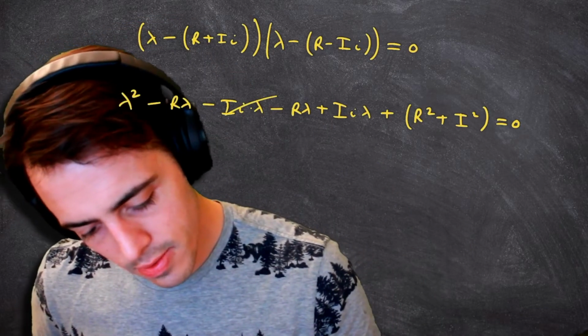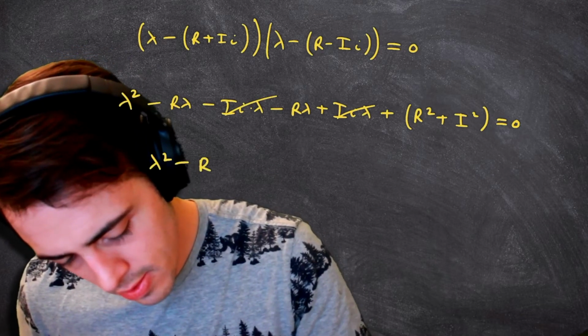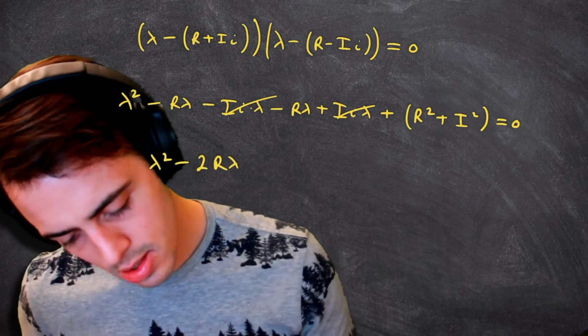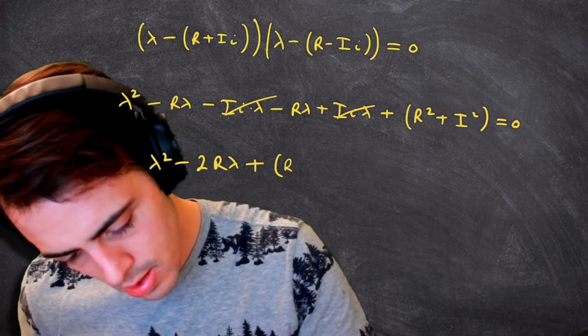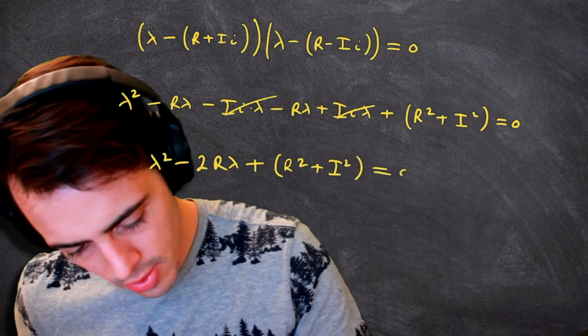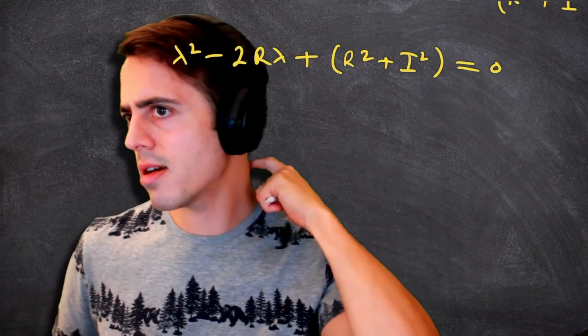So these cancel. So we've got lambda squared minus 2r lambda plus r squared plus I squared is equal to 0. So this is a characteristic equation.